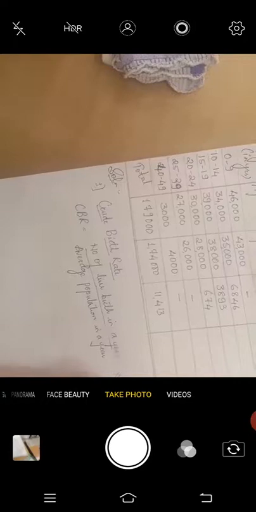For every measure of fertility you have to multiply with 1000. Okay, so this is the formula for crude birth rate. Now put the values in the formula.